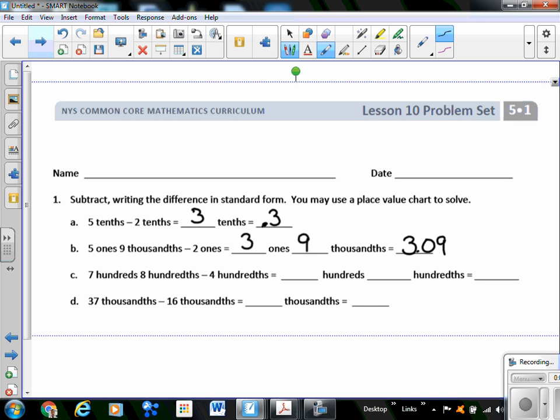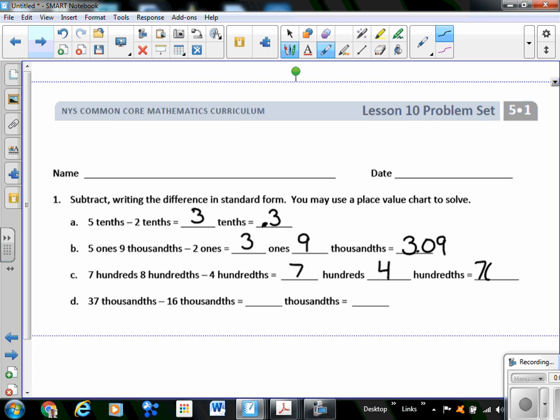Next one we have is 7/100 8/100 minus 4/100. So we have 7/100. If we have 8/100 and we take 4/100 away, that's going to be a 4 in the hundredths place.